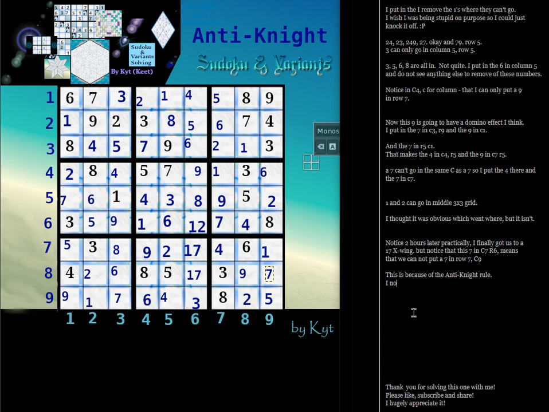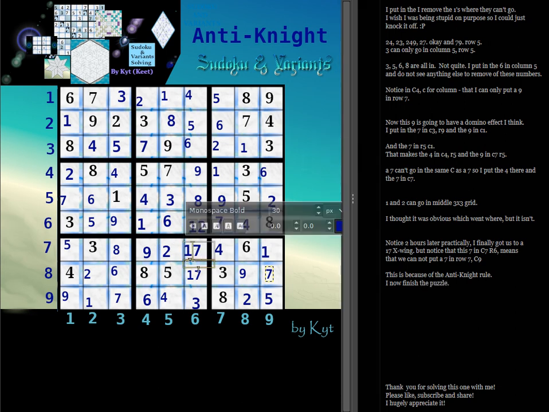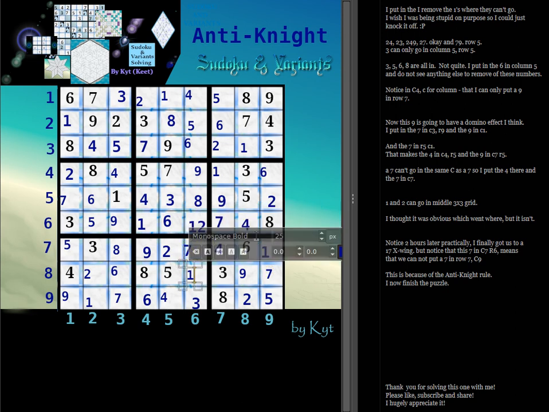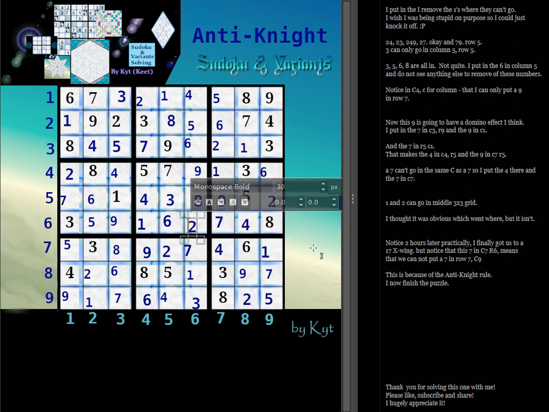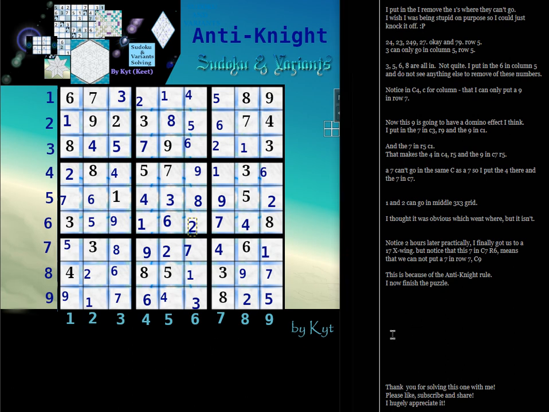I now finish the puzzle and check it against the solution, and do not see any stupid mistakes.